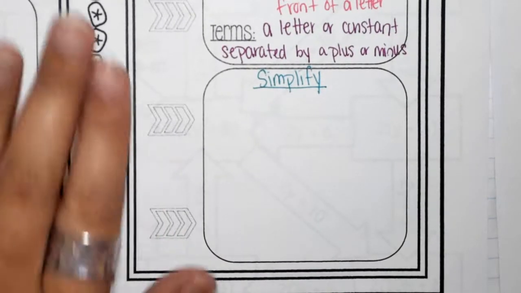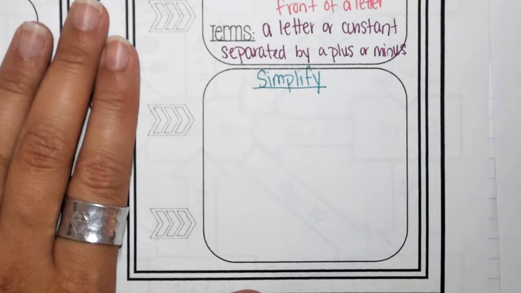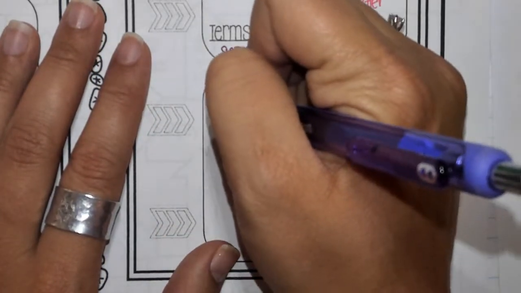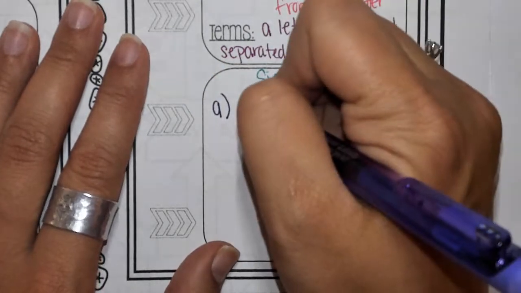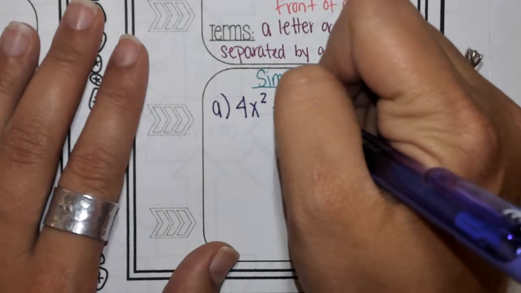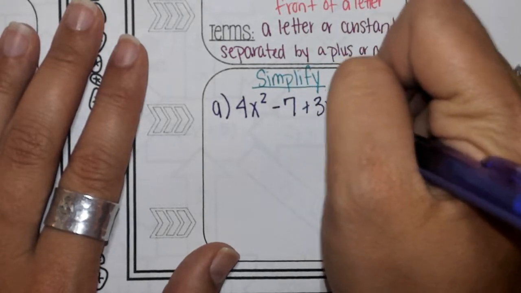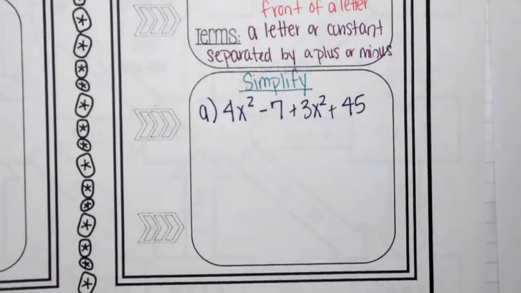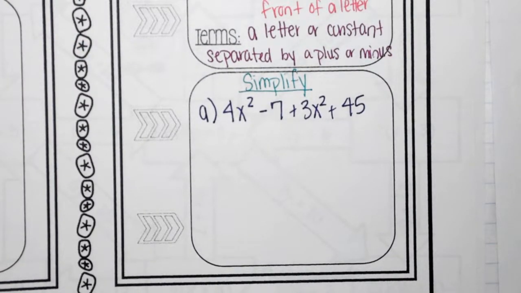But I love them. Alright, so for A, I am going to say 4x squared minus 7 plus 3x squared plus 45. Write it down. Stop clicking.